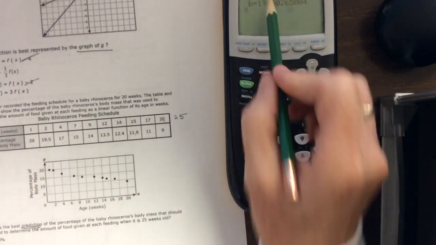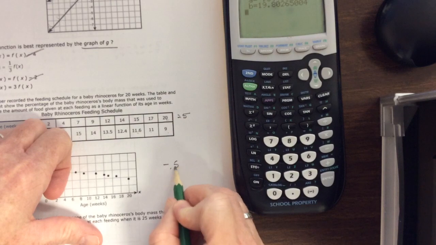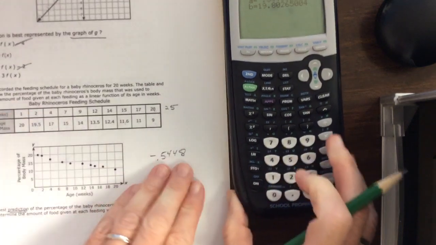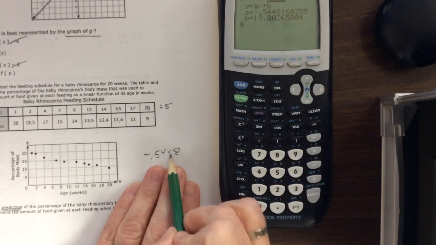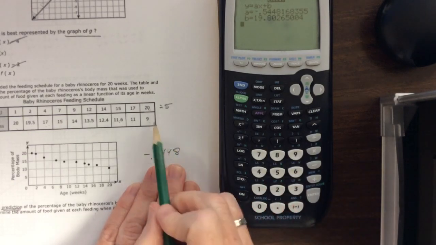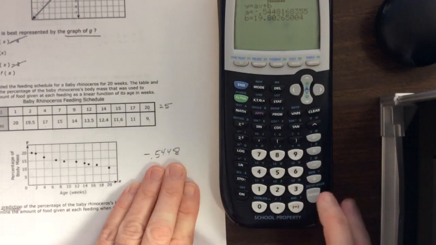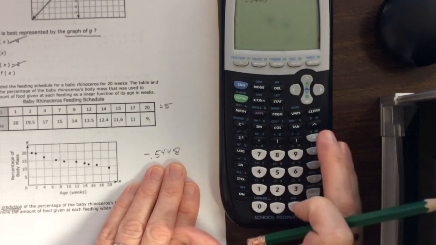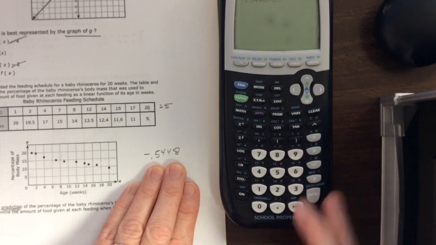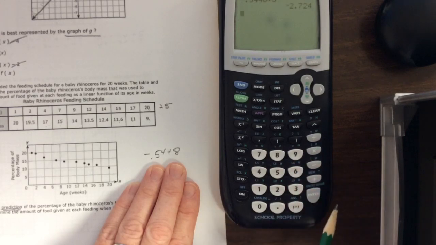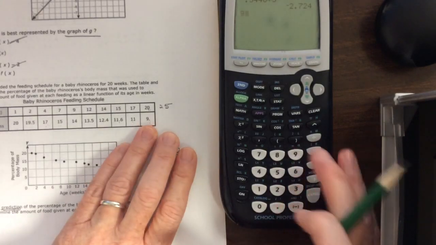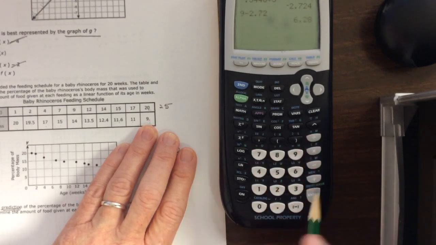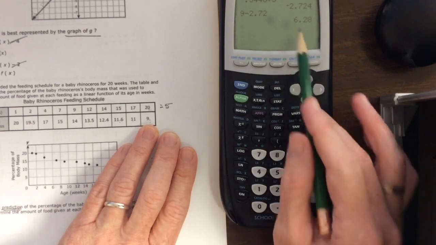Okay, so now I'm going to take this slope, which is negative 0.5448, and I need to multiply by 5 because that's how many weeks it is going down. So negative 0.5448 times 5 gives us 2.72. So 9 minus 2.72 gives us around 6.